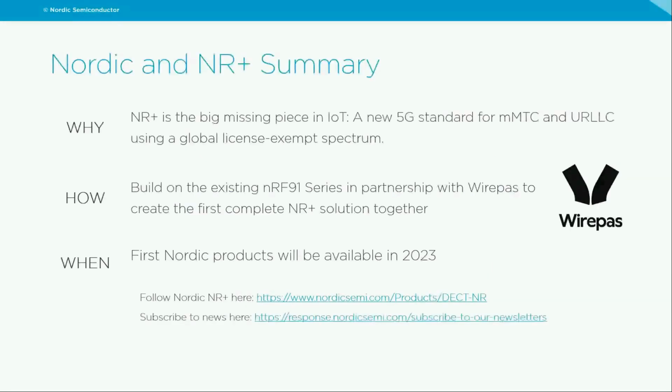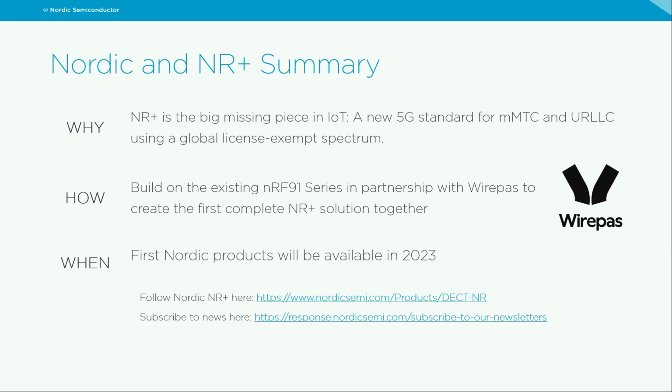Now, what will Nordic and NR Plus do going forward? So why NR Plus? NR Plus is what we see as a big missing piece in the IoT world. This is a new 5G standard for both MMTC and URLLC using a global license exempt spectrum.